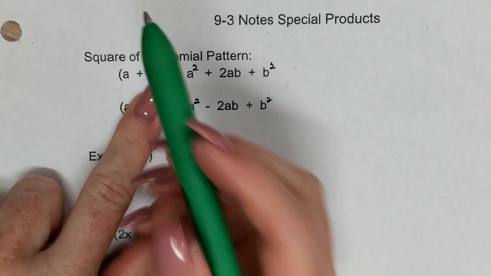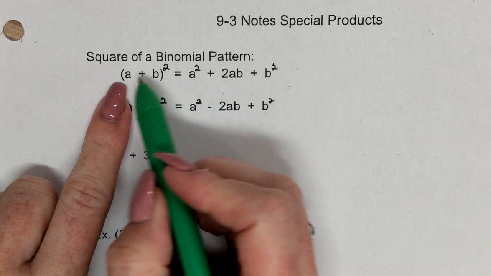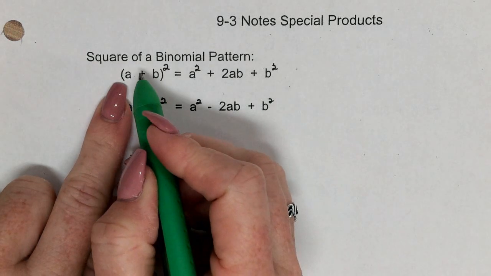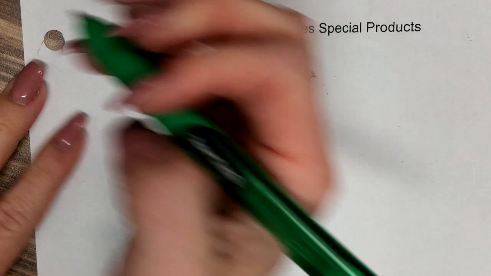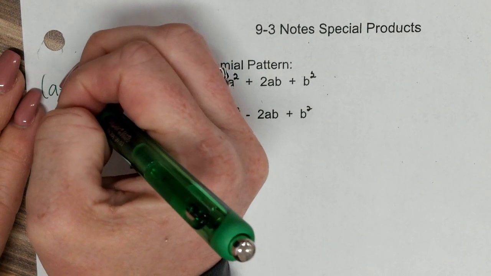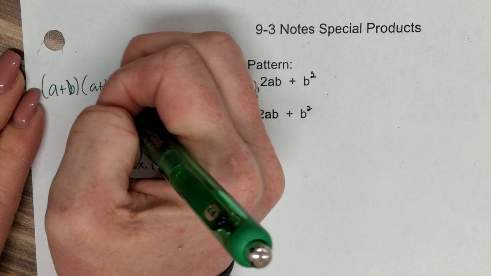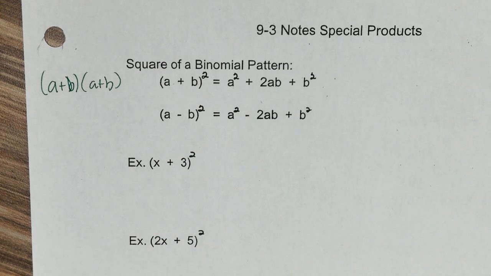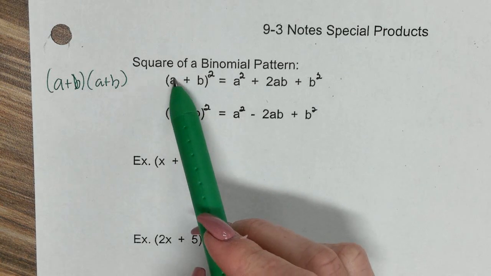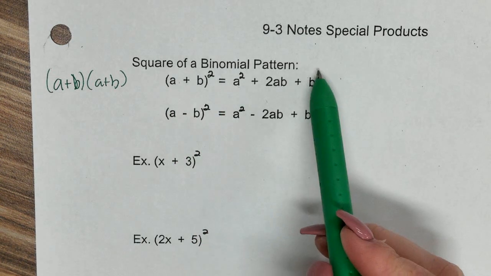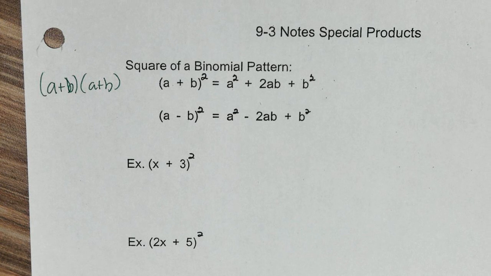If you have a binomial squared and there's a plus sign in the middle, if you don't want to go out here and do (a + b) times (a + b) and then do first, outer, inner, last, you can simply say a squared plus 2 times a times b plus b squared, and it will give it to you.